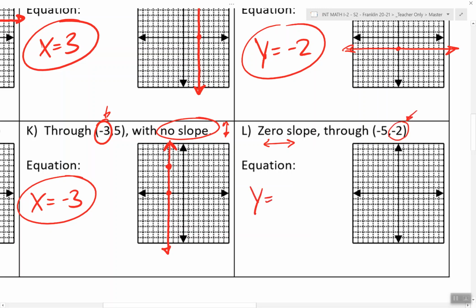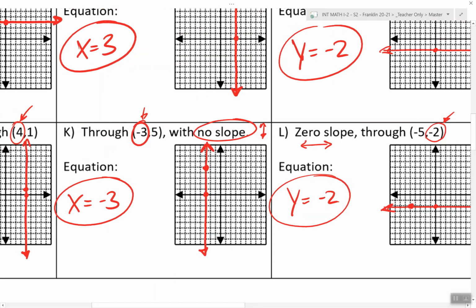So it's y equals -2. Let's make sure though. So if we graph this equation, y equals -2, we go down 2. 0 slope gives us a horizontal line. And let's just make sure that that point -5, 2 is on that line. So we go left 5, down 2, and it is right there. So that's good as well.